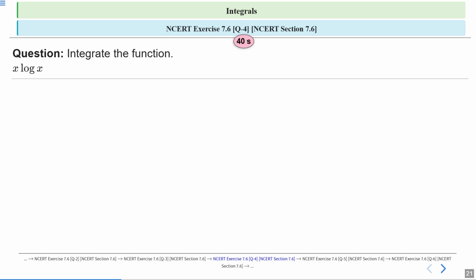Now, the fourth question is integrate the function x log x. So just try.